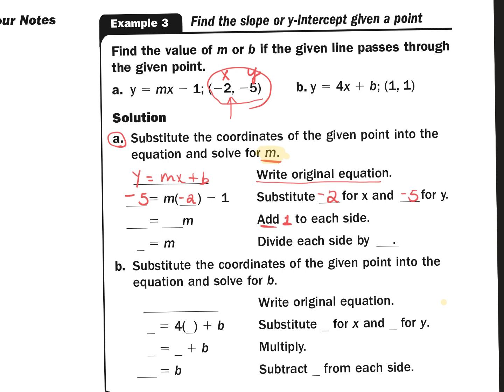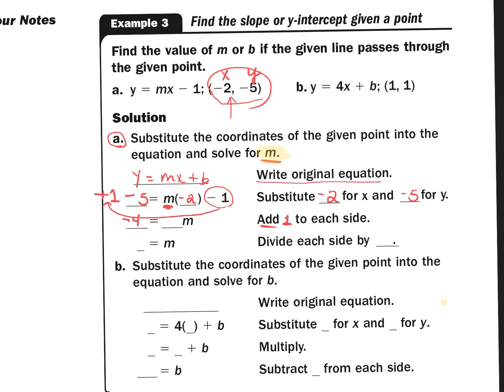about getting things on one side of the equation. So we're solving for m, so we need to move this to the other side. And when we move it to the other side, it becomes positive. We said that it becomes the opposite of what it is. So +1 minus 5 is -4.